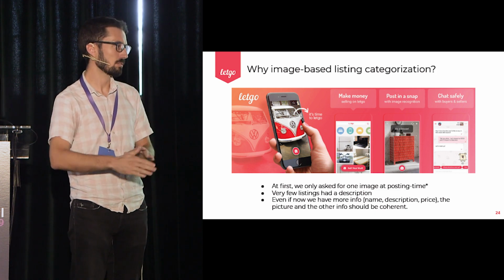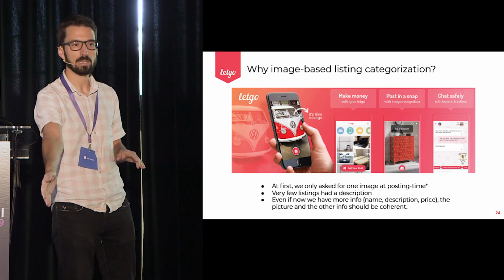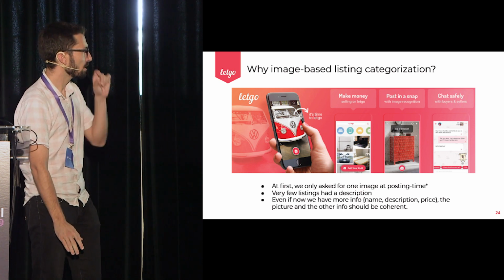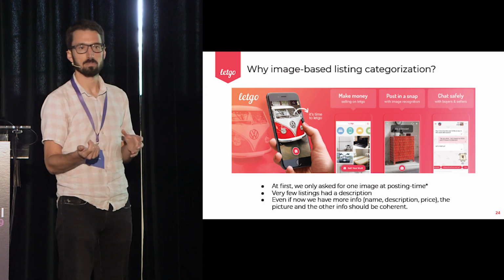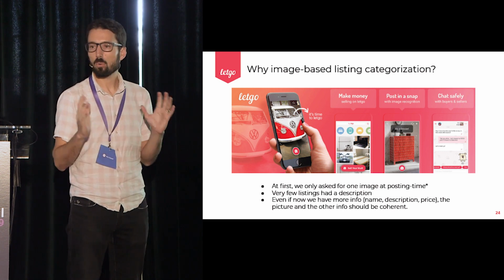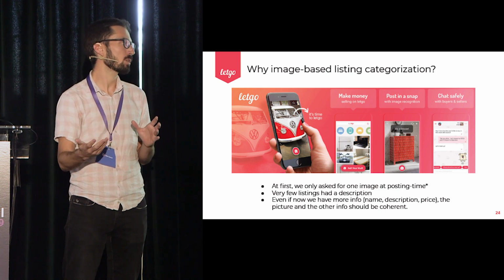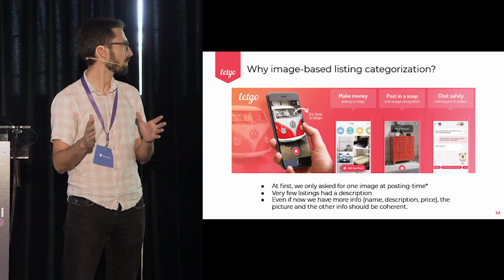You would take an image, your posting would be processed, we would create an automatic title, we would categorize it for you, moderate it, you didn't have to worry about anything. So very few listings actually had a description. So at that time, all we had to work with was an image, and that's the reason why we started working on image categorization only first.